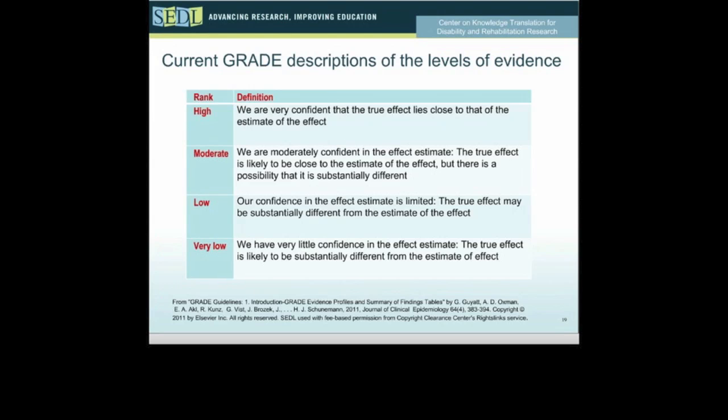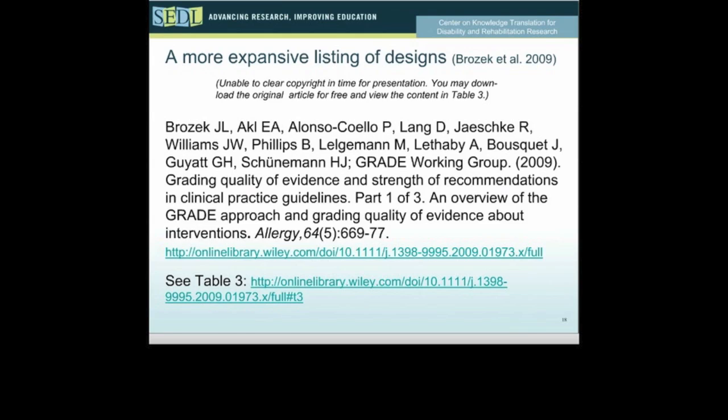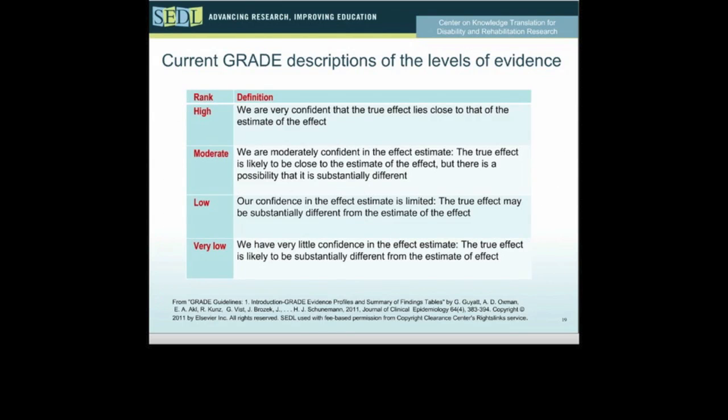Okay, so these are the current ones, and with their interpretation: high, moderate, low, very low. We are very confident the true effect lies close to that of the estimate of the effect. We are moderately confident of the effect estimate. The true effect is likely to be close to the estimate of the effect, but there's a possibility that it's substantially different.